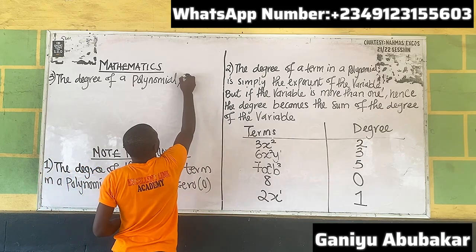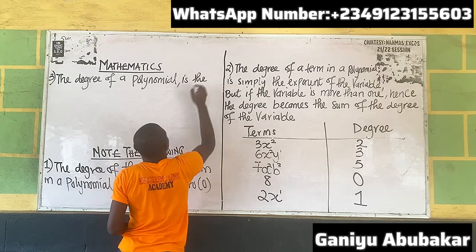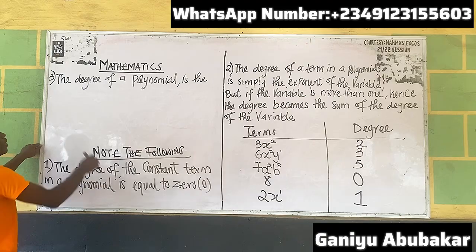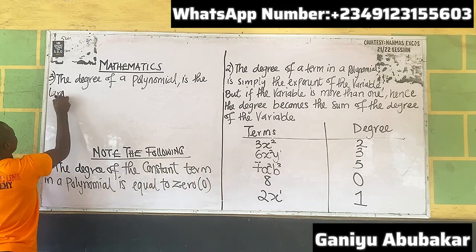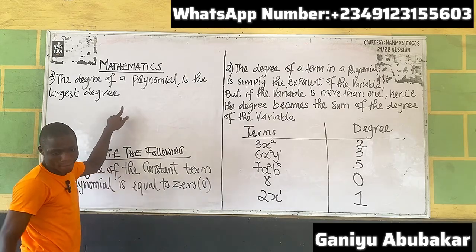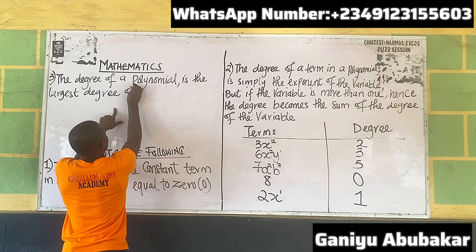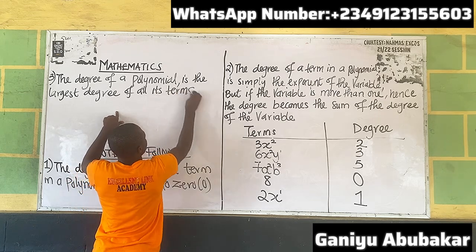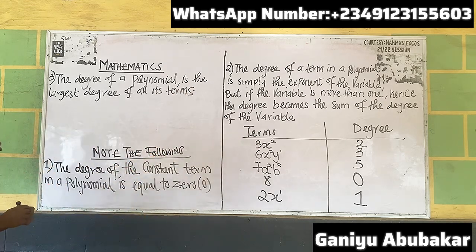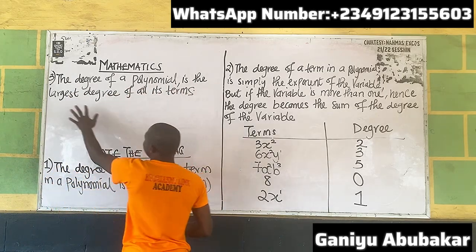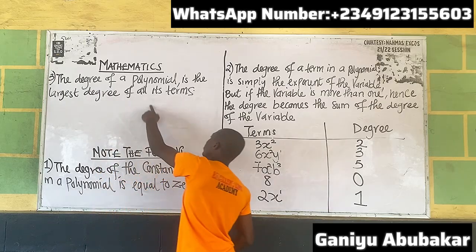The degree of a polynomial is the largest degree of all its terms. All right. Note number 3 says the degree of a polynomial is the largest degree of all its terms.